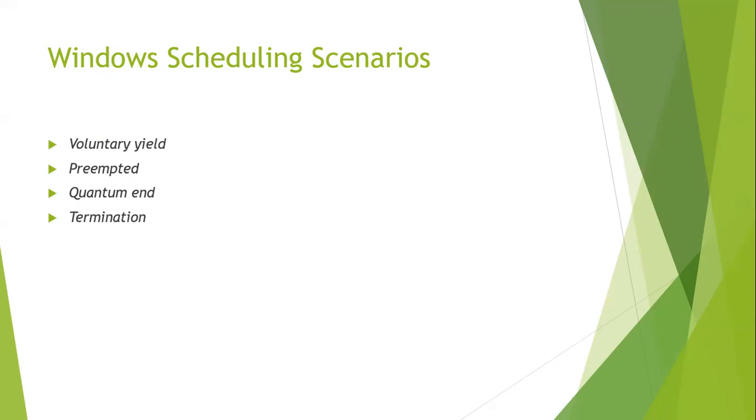Or preempted: preempted is when a high priority thread comes in, and the currently executing thread gets kicked out of the CPU. Or the quantum ends, which we discussed: after 4 milliseconds it will come out of the CPU.